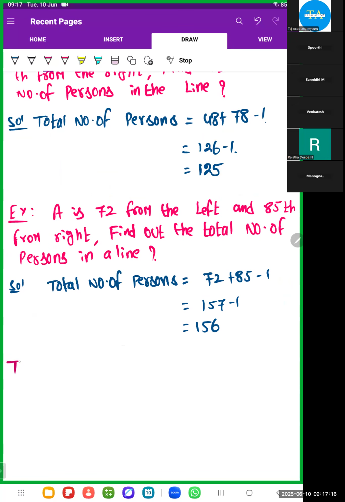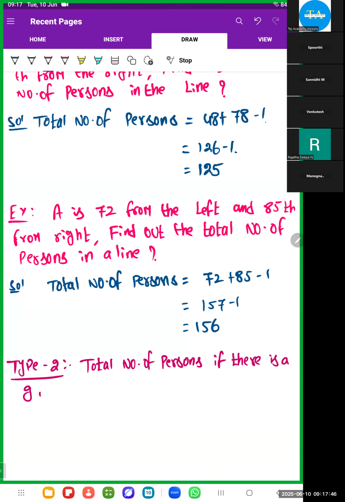So then go for type 2. Type 1 is the total number of persons in a line. So next one, total number of persons if there is a given difference.